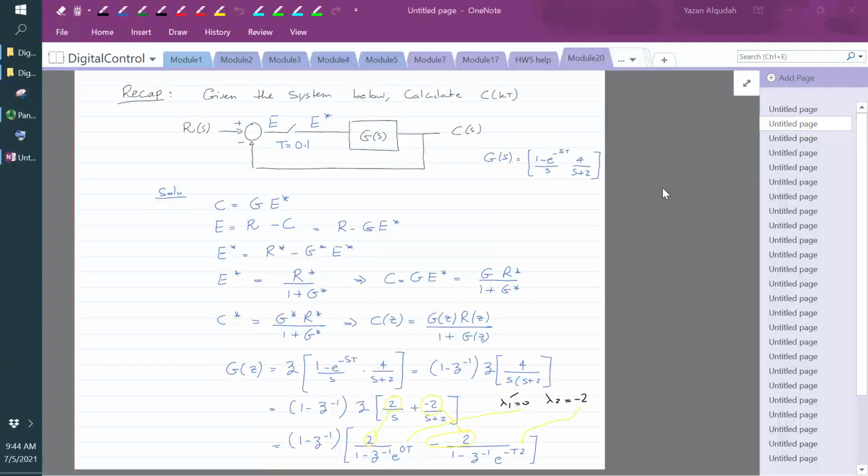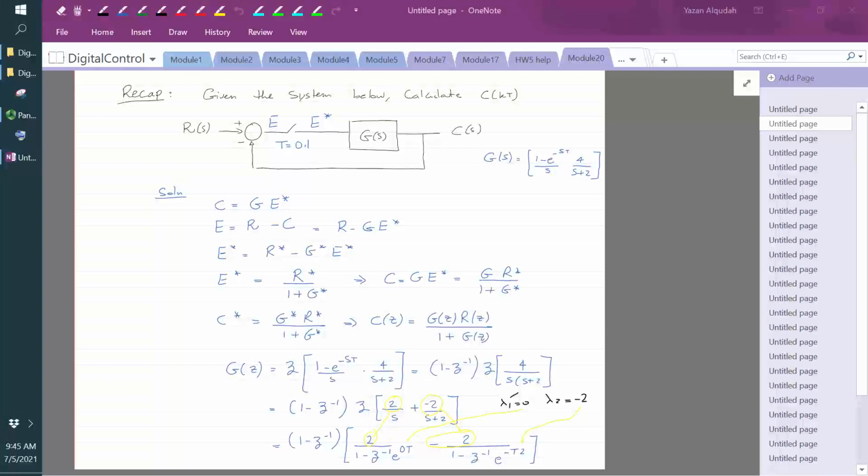We have C of S, it's a continuous time signal. And we have G of S, which is a continuous time system. At the same time, we have a sampler here. So the error signal, that is R minus C of S, is sampled and applied to the continuous time system.